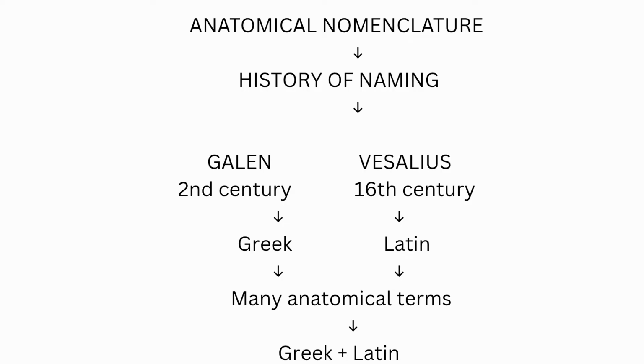Because important anatomical literature was written in Greek and Latin, many anatomical terms that we use even today have Greek or Latin origin. So you can remember it like this: Galen, Greek, and Vesalius, Latin. This is one of the reasons why Greek and Latin became so important in anatomical terminology.